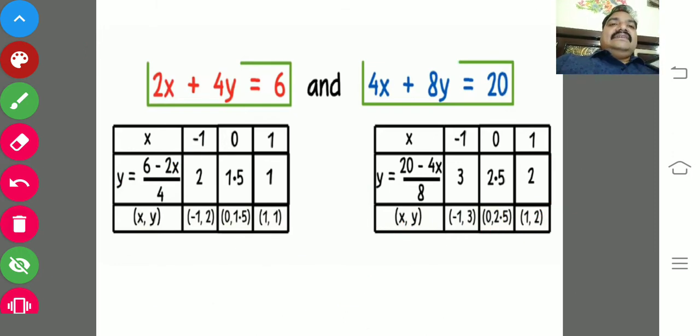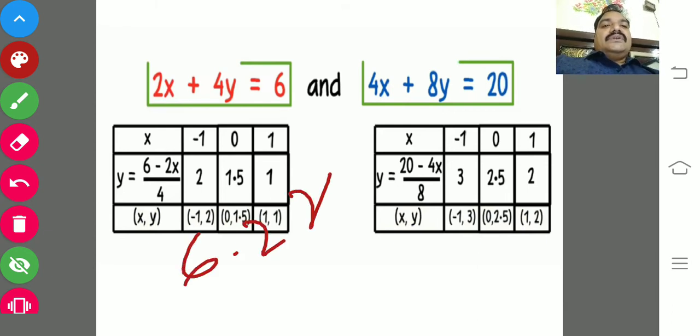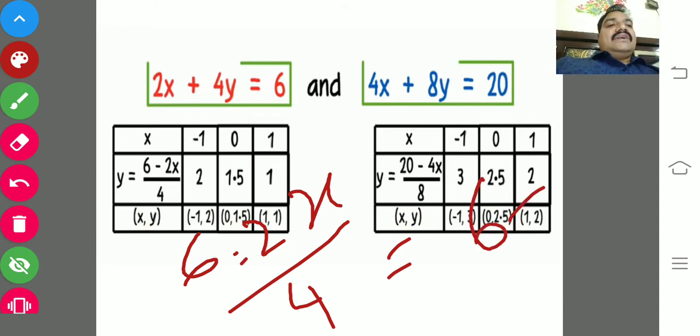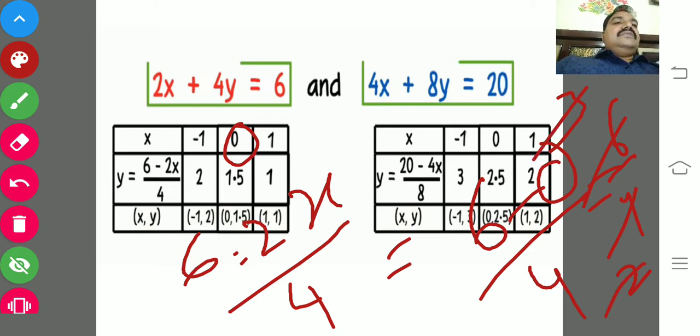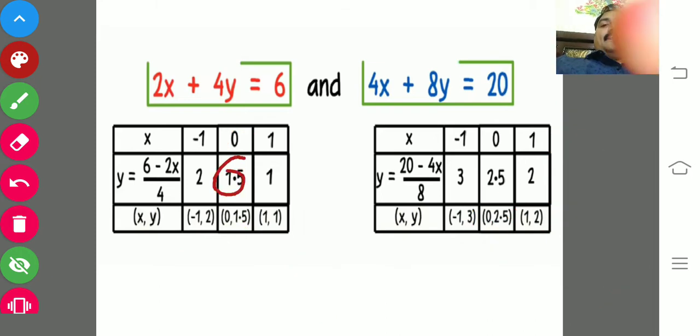So here the y value is (6 minus 2x) by 4. And after writing that, simply you have to substitute the values. You are going to substitute 0. So 2 zeros are 0 by 4. So 6 minus 0, 6 by 4. 6 by 4 is 1.5, you know that. So the value is 1.5.